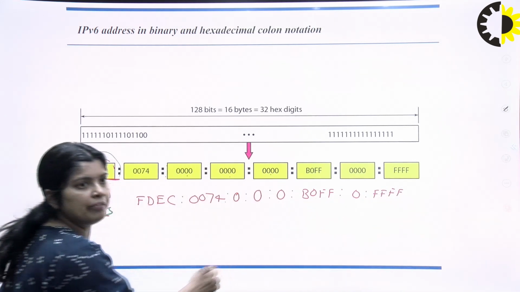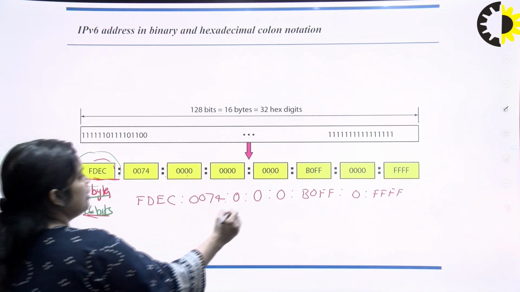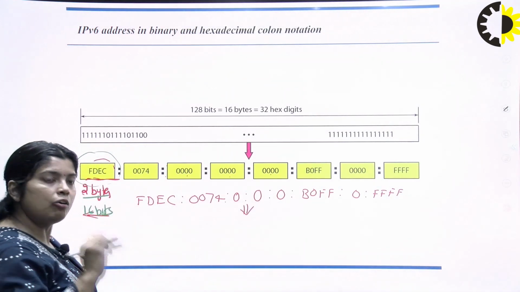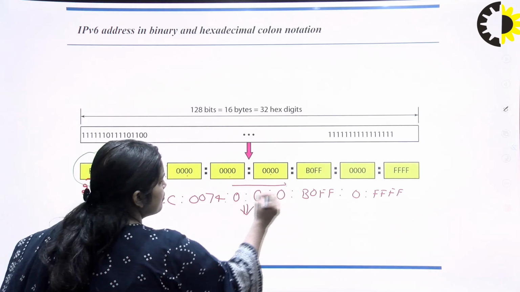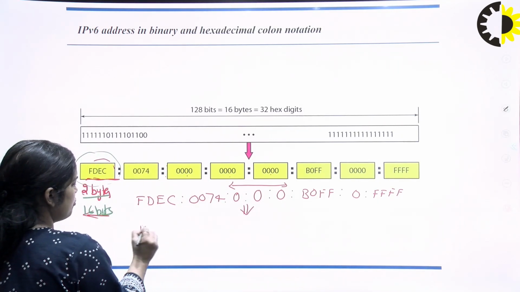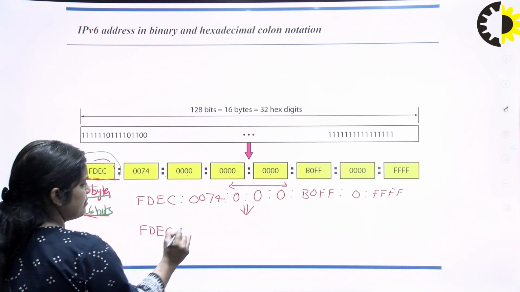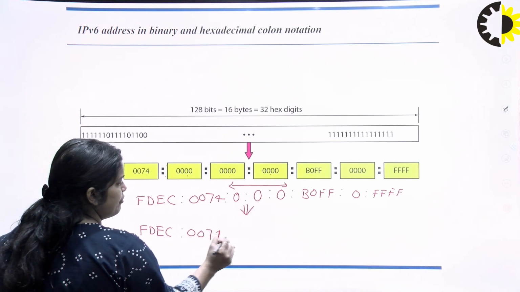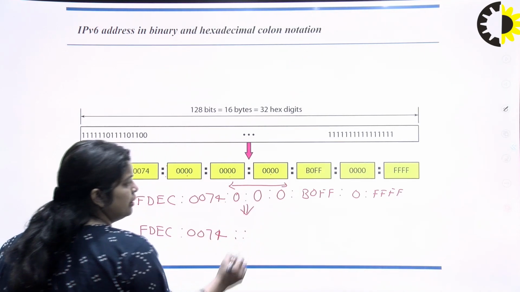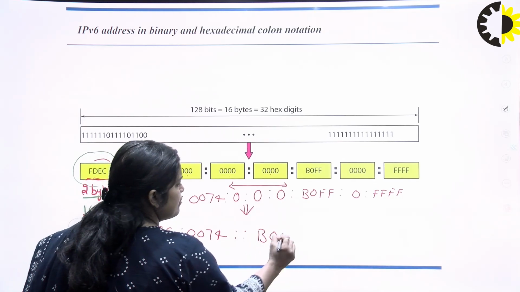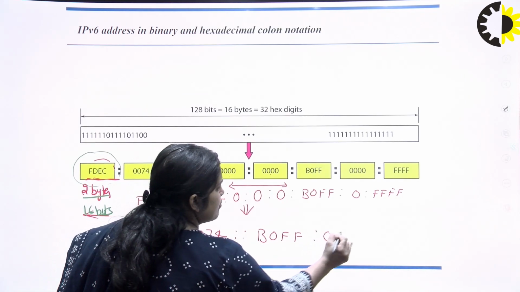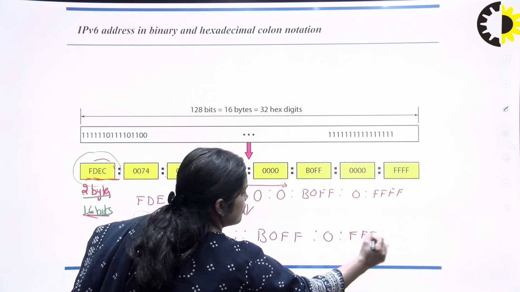It is the simplified version of this particular IPv6 address. And also, if there are continuous zeros, you can also write it like FDEC 0074 double colon B0FF 0 and 4F.